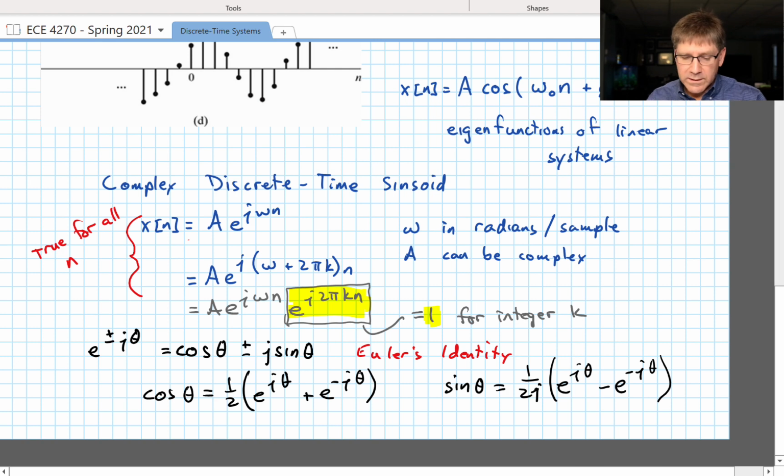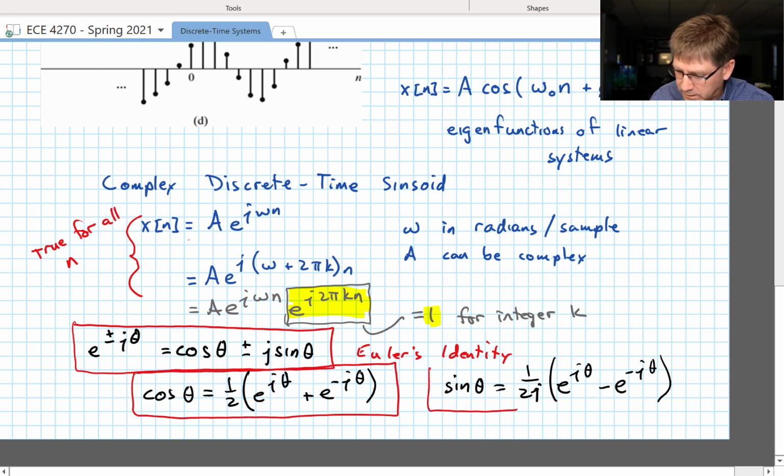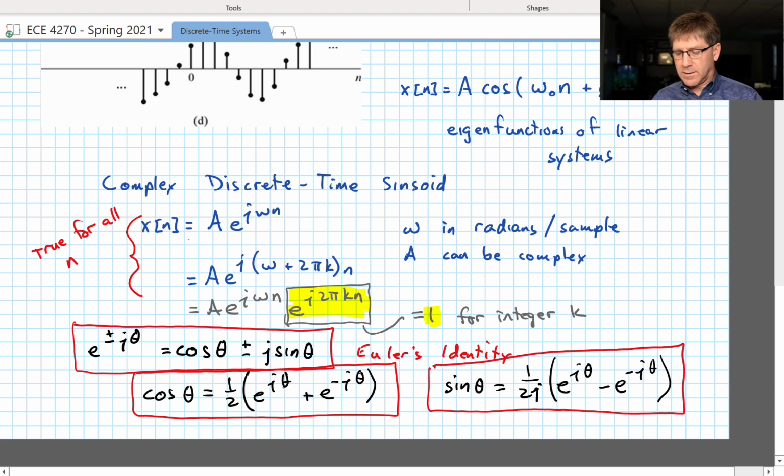So where did these come from? It's fairly easy to see if you simply use Euler's forward identity, plug those into the e to the j thetas here in the inverse relationship, and you can just work it out that it comes back that way. So there's nothing magical about this. It comes from the definition given above.